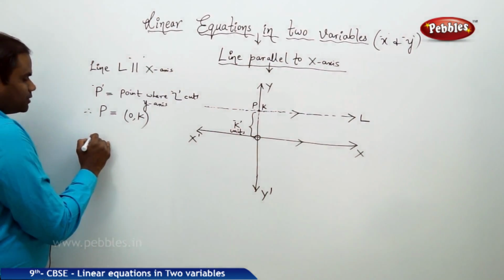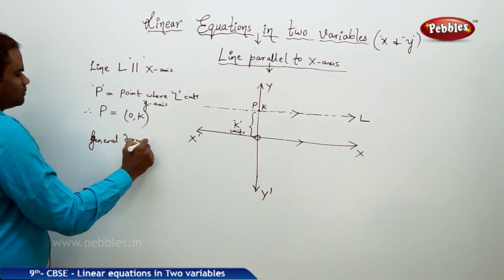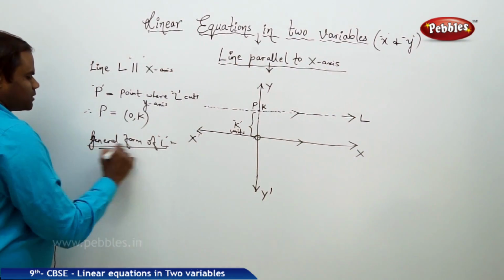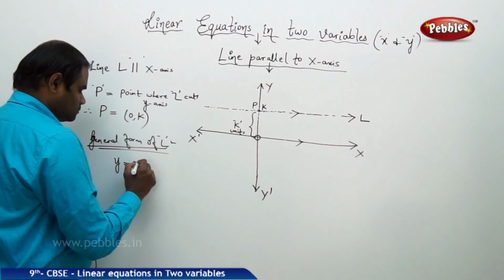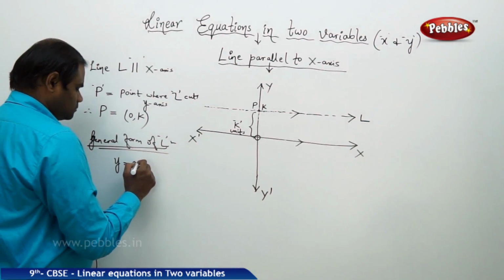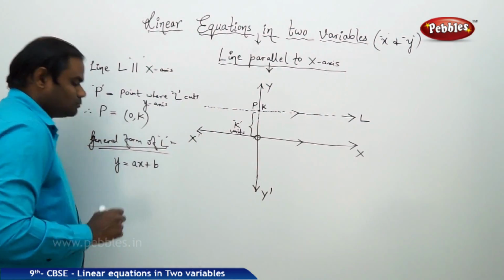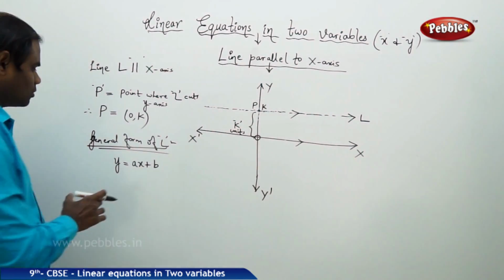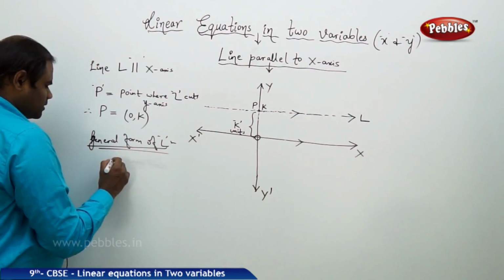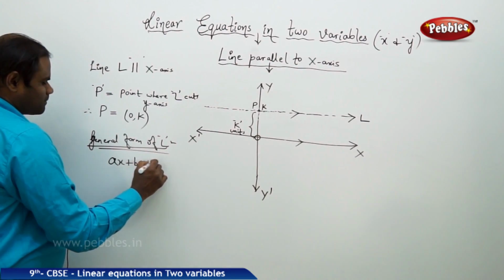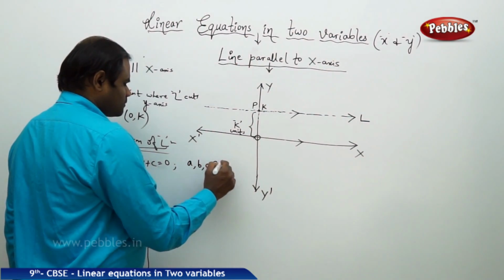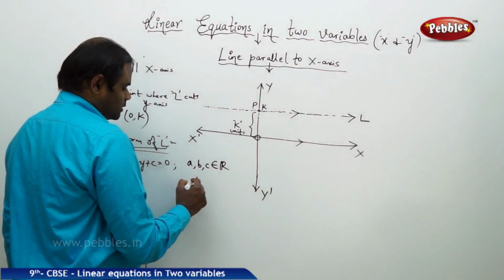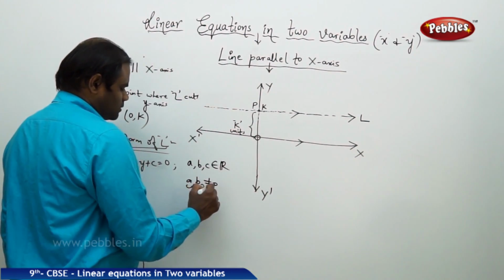Next, let me take the general form of the line L, which we know is represented as ax plus by plus c equal to 0, where a, b, c are real numbers and a and b are not equal to 0.